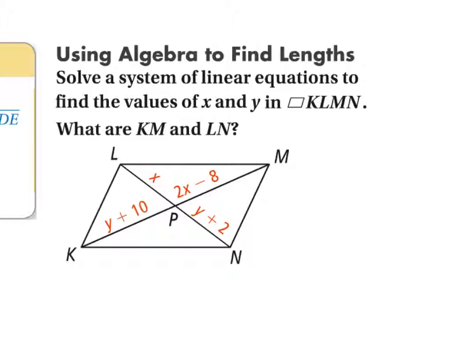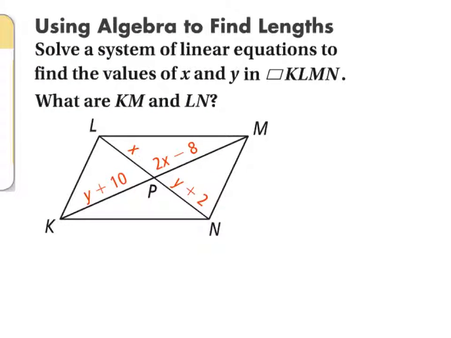Looking at this example, we want to solve for x and y. Now, we know that we have a parallelogram, and we see that line segment LN and line segment KM are diagonals. So we know that they bisect each other. That means that this segment is congruent to this segment, and this segment is congruent to that segment.